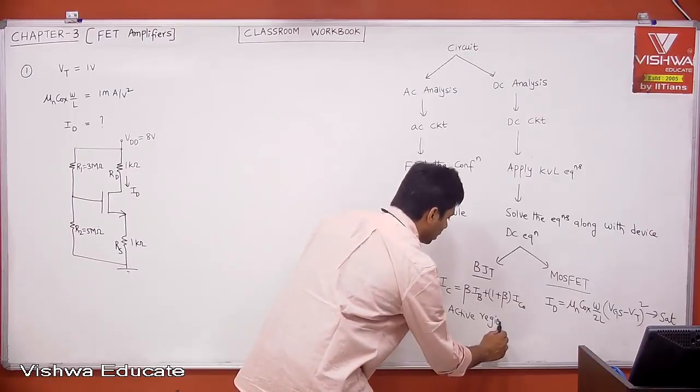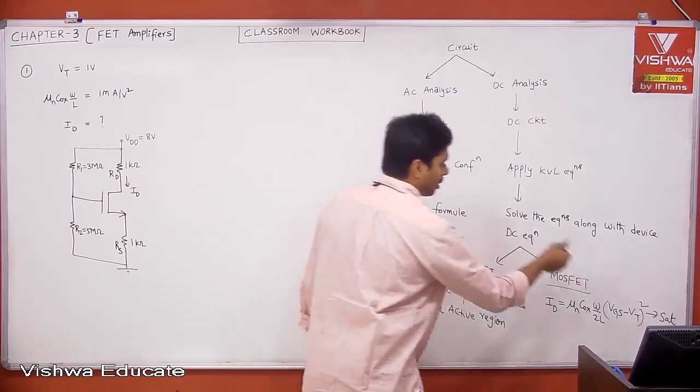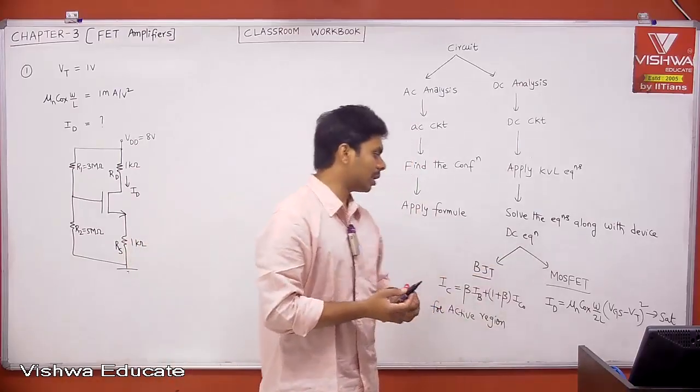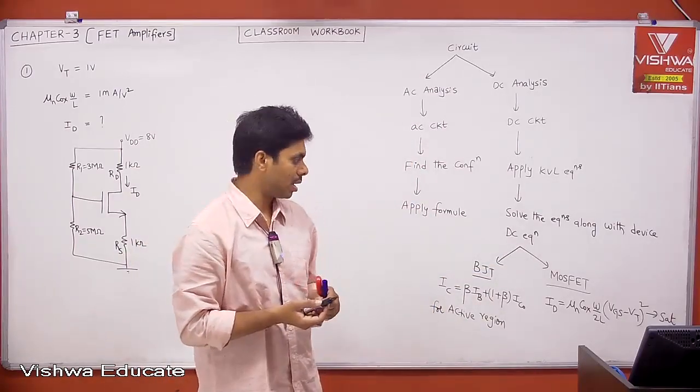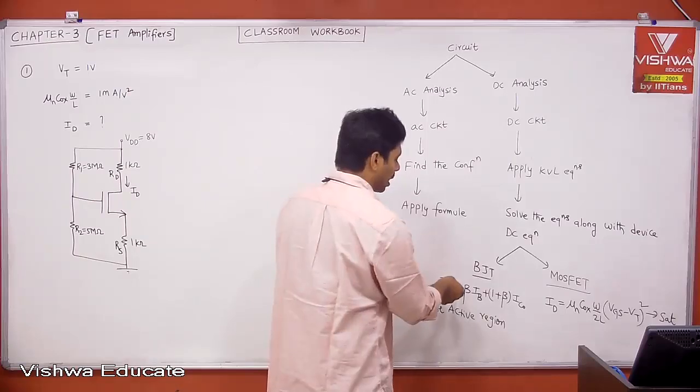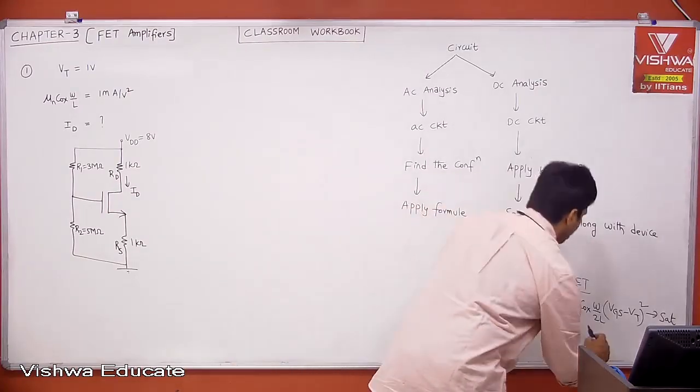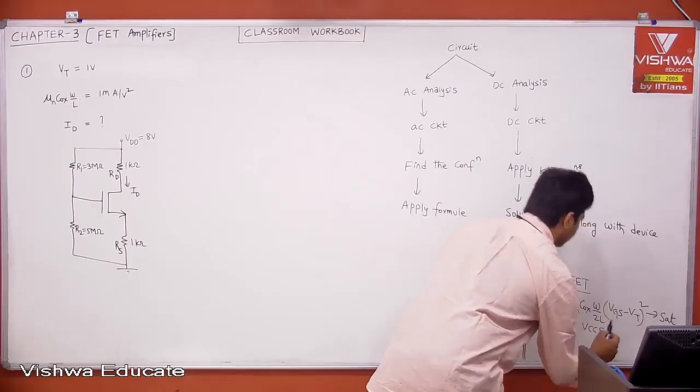Remember, in the case of BJT, when I say active region, the equivalent region in the case of MOSFET is the saturation region. Here it is a current controlled current source, but here it is a voltage controlled current source.